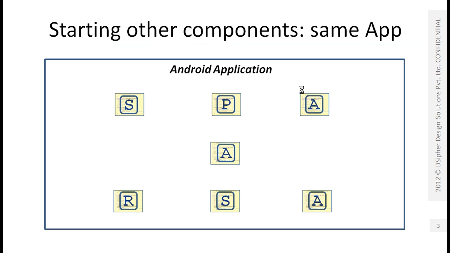How to activate the other components of the application will be handled by the intent only. Alright, so here after starting a service, which you can consider a component, you want to enable the capital A screen, so it will enable the capital A screen for your application. It will enable the S screen.